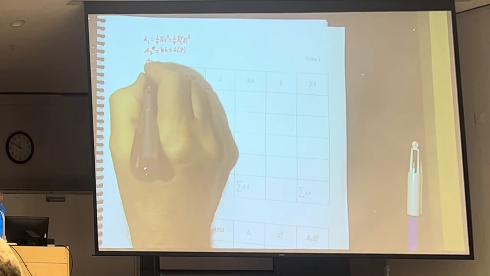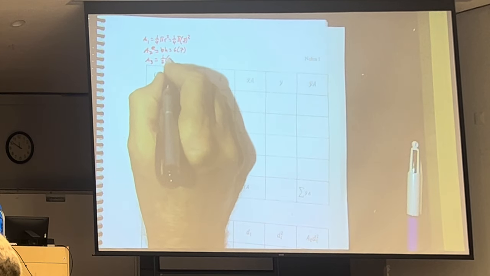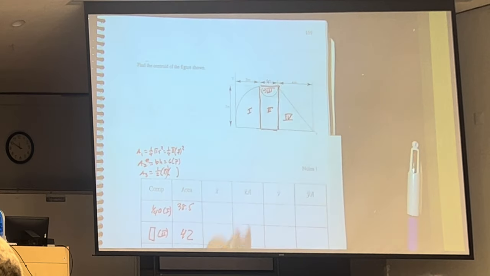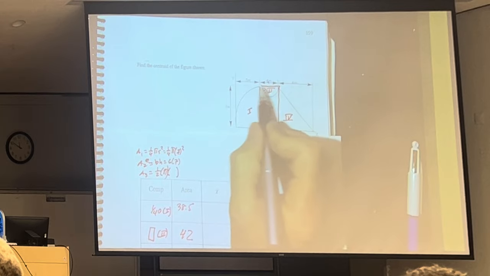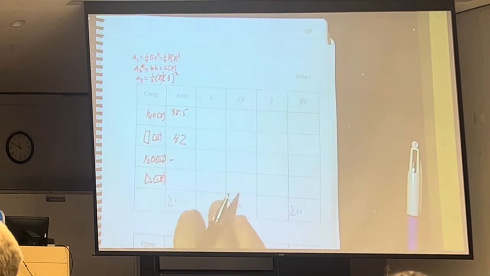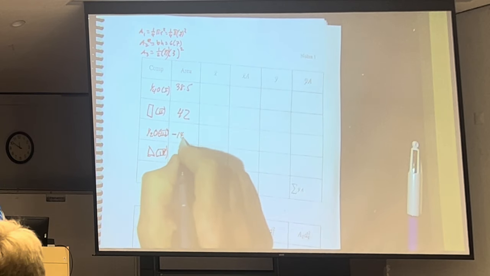Area 3, that's a half a circle. 1/2 pi times r. 6 is the diameter, so half of 6 is 3. Quantity squared. That's going to give me negative 14.14.